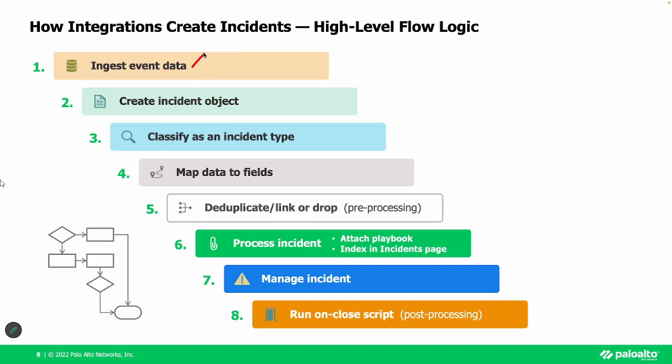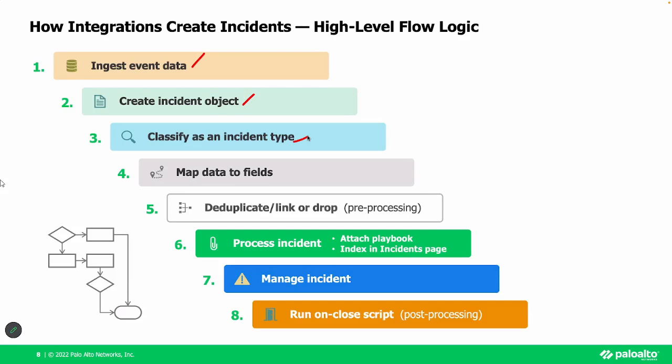So the first thing when talking about a SOAR tool is to ingest incident data. Then the tool should create an incident object. Then we should be classifying, not we ourselves, but the tool, that incident as an incident type.